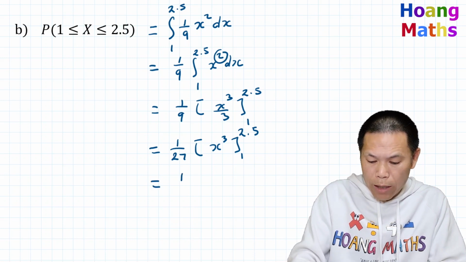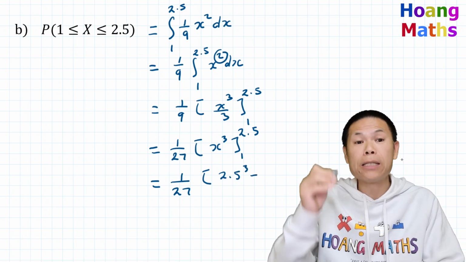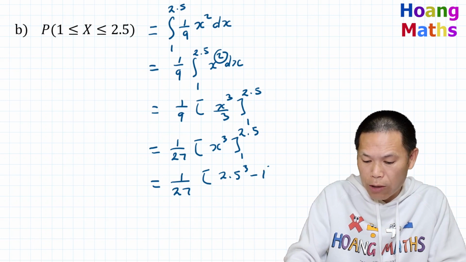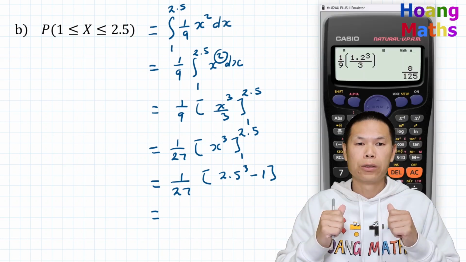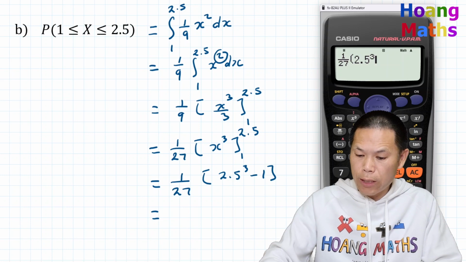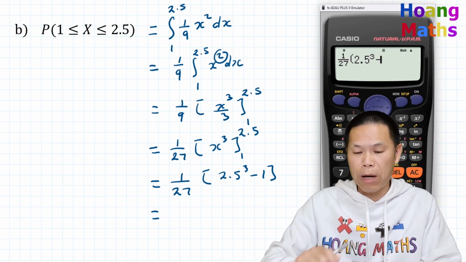That will give me 1 over 27 times 2.5 to the power of 3, minus 1 to the power of 3. 1 to the power of 3 is 1, so I just write 1. Now I put it on the calculator: 1 over 27, then brackets, 2.5 to the power of 3, minus 1 to the power of 3, which is 1.